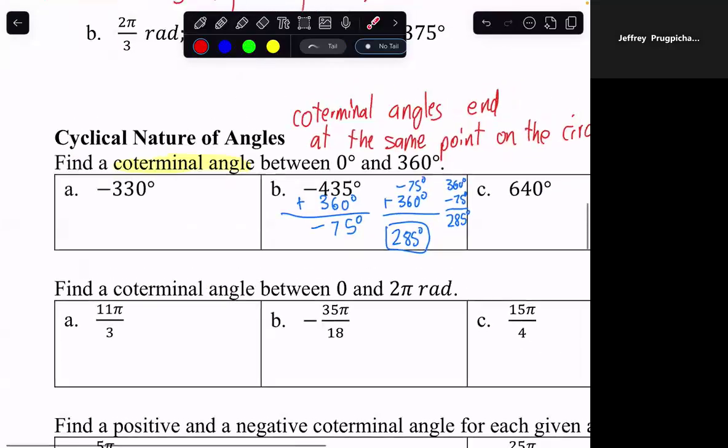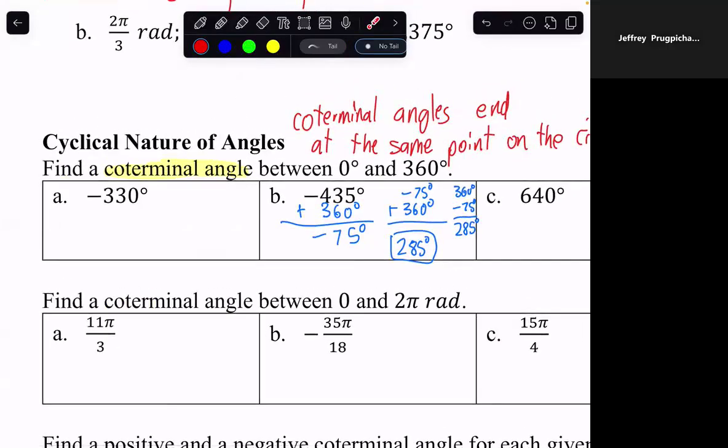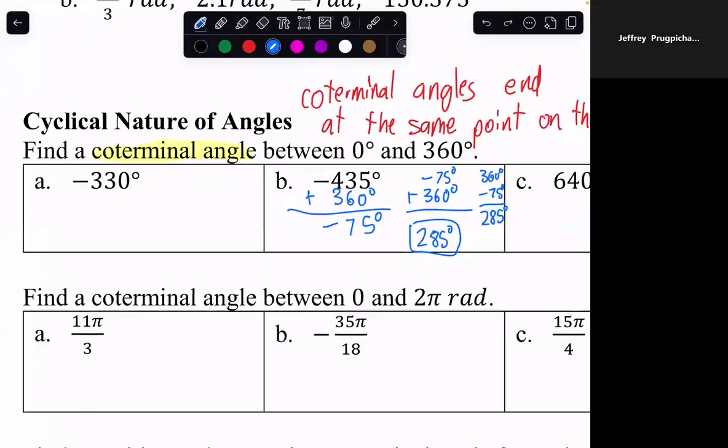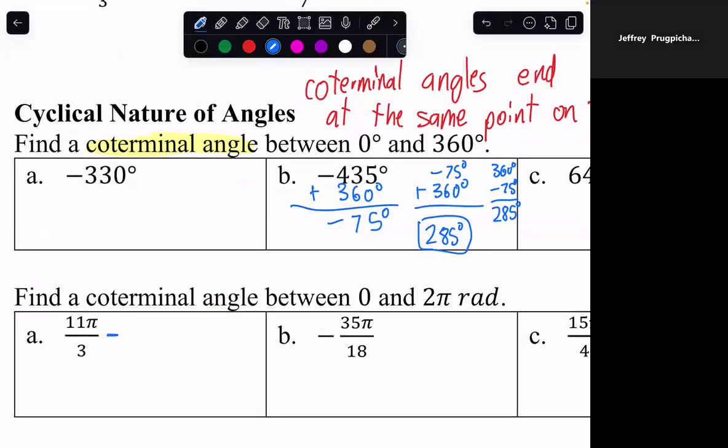Now what about for radians? Looking over here, 11 pi over 3. Instead of adding or subtracting 360 degrees, since I'm in radians, a full circle is 2 pi. To find a coterminal angle, I could subtract 2 pi from the original angle. 2 pi is 2 pi over 1.